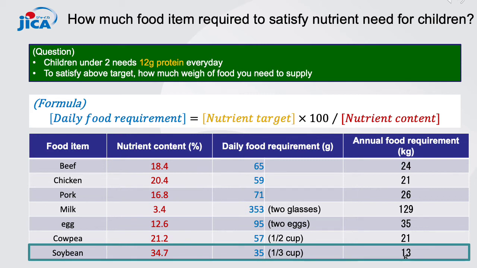Then from these two numbers, we can derive daily food requirement, which is listed here. So by using nutrition target, 12 gram protein, and nutrient content percentage for each food item, we get how much of these food items we need for children under 2, who should consume 12 gram of protein every day.